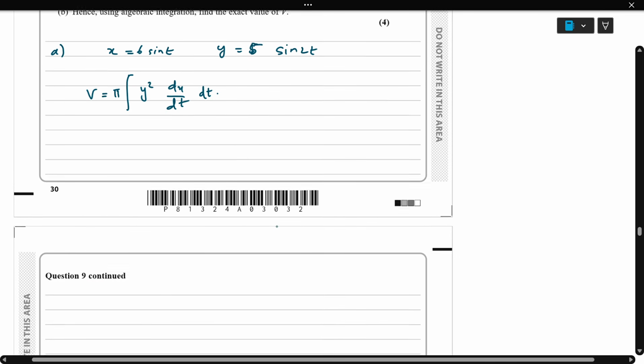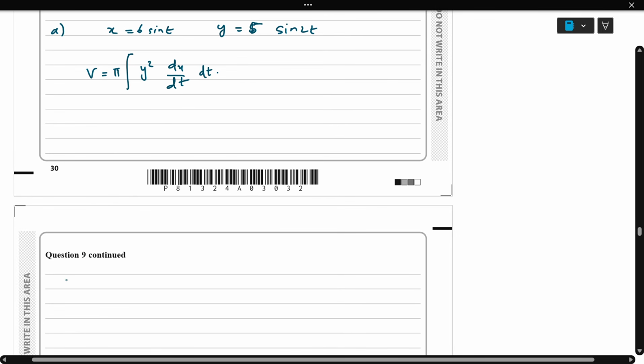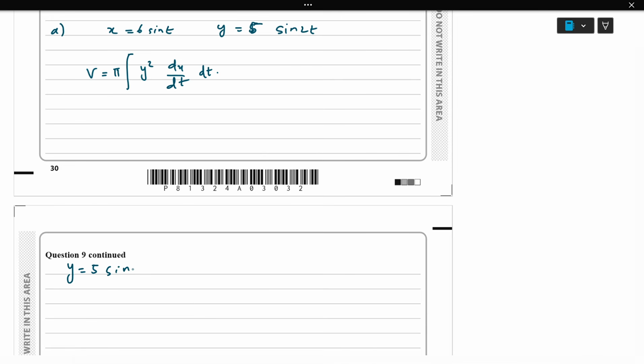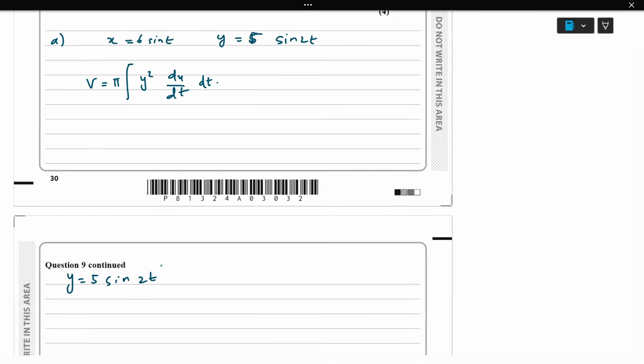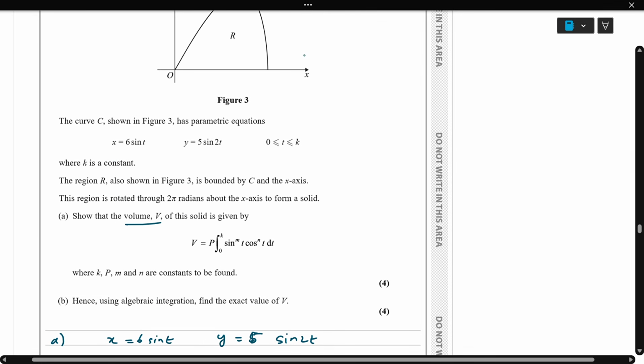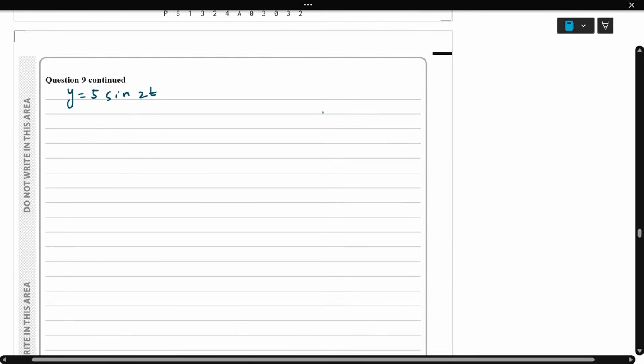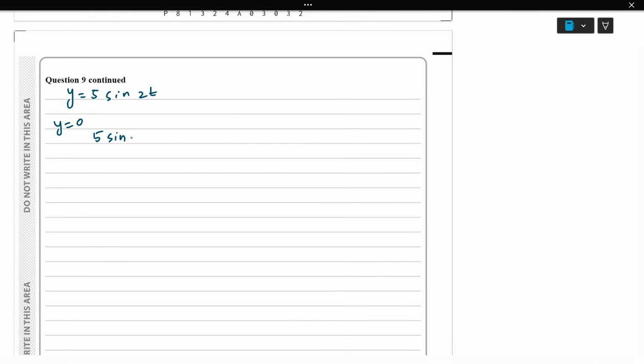For that I'll take y equals 5 sin 2t. One side is bounded by the x-axis, so y equals 0. I'll plug in y equals 0, which becomes 5 sin 2t equals 0.